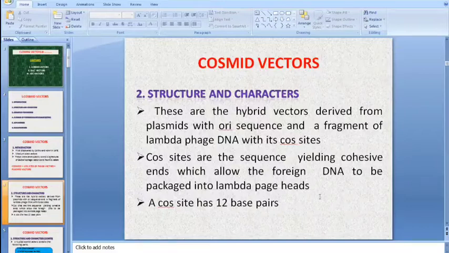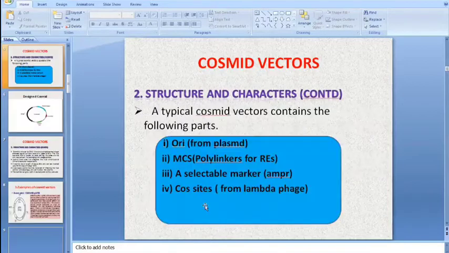That means to package the foreign DNA into a phage vector or into a bacteriophage head, the cos sites are very important. These are nothing but the base pairs or DNA sequence taken from the bacteriophage virus. A cos site may have a length of about 12 base pairs.